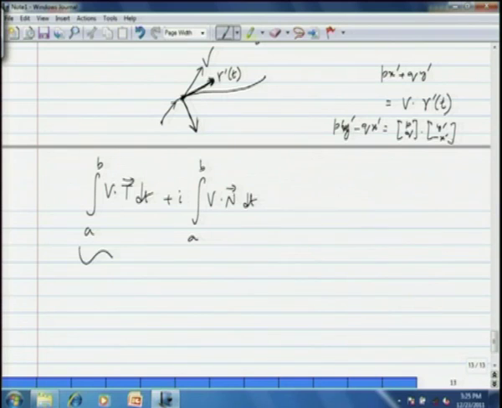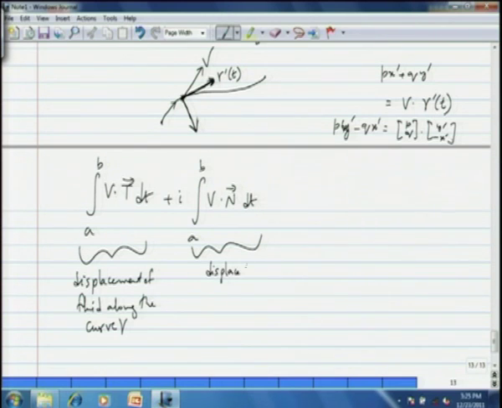So, the first integral actually gives you the displacement of fluid along the curve gamma, and this imaginary part stands for the displacement of fluid into the inside of gamma.